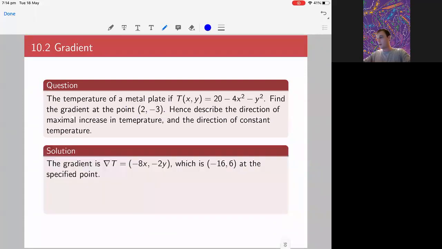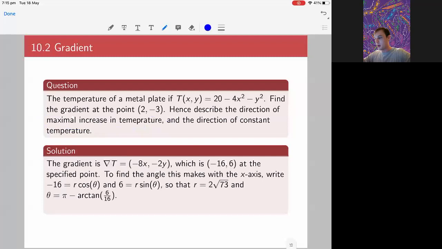All right, well, the gradient, which gives us the direction of maximal increase, is (minus 8x, minus 2y). At the point of interest, we get (minus 16, 6). All right, so that's great. So that's the line of biggest increase. What about the direction of constant temperature?